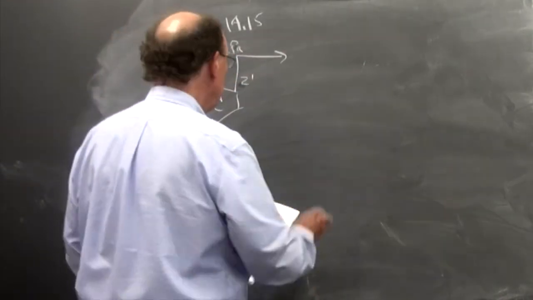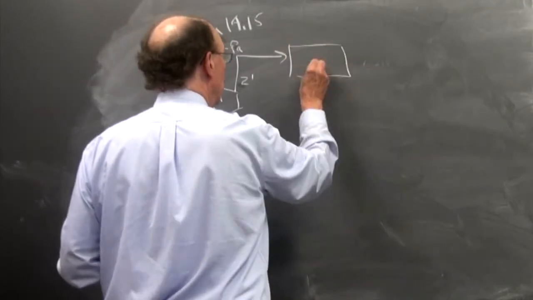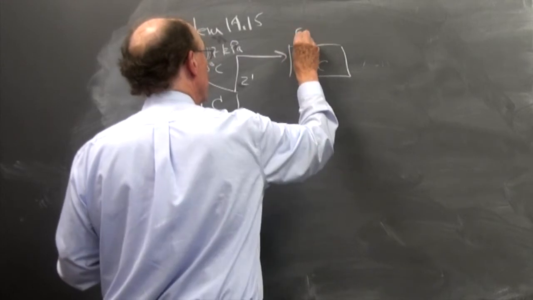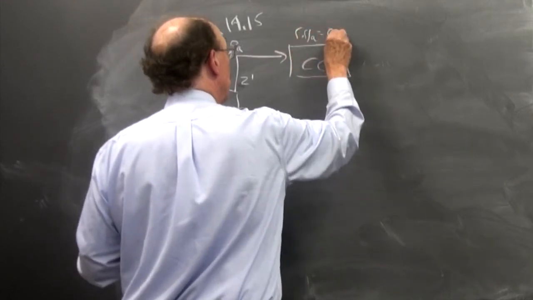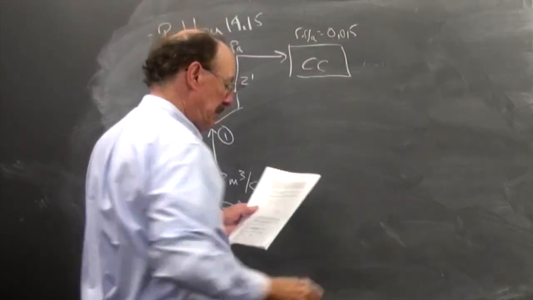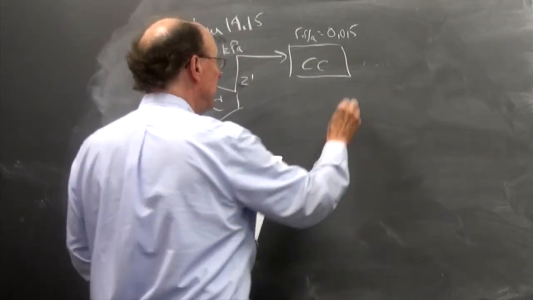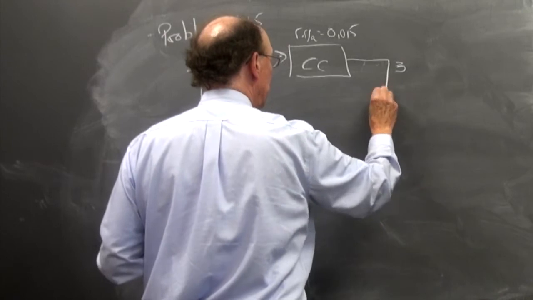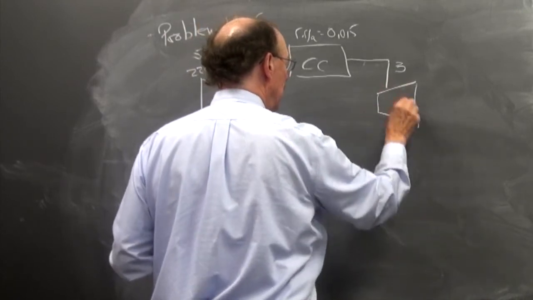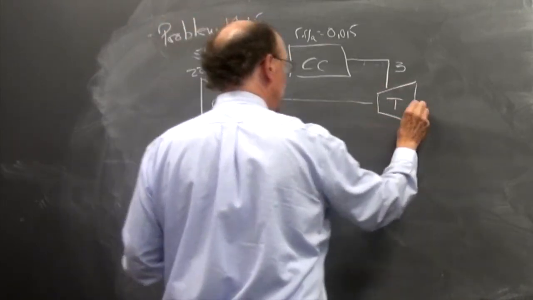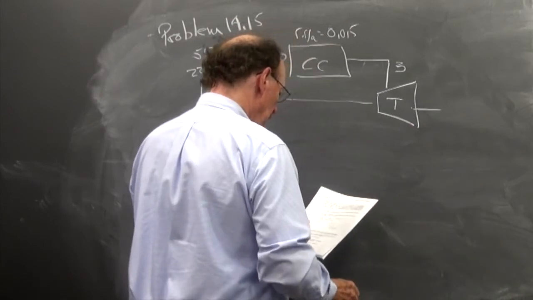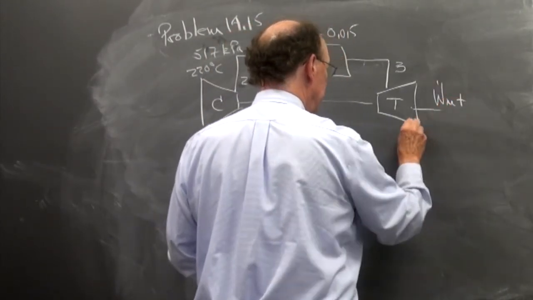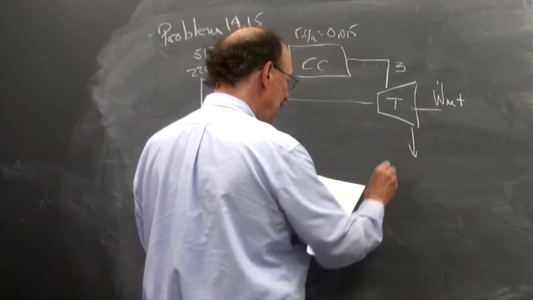It goes into a combustion chamber, and I'm told here that RFA is 0.015. Seems to be a popular RFA these days. Then it goes out into state 3 and goes into the turbine. We're going to have W net coming out of here and down to 4 prime.